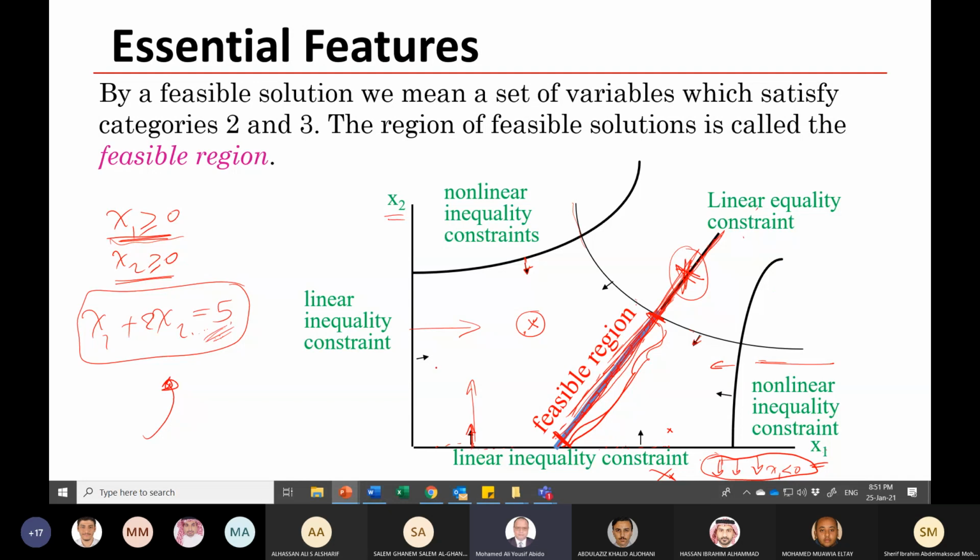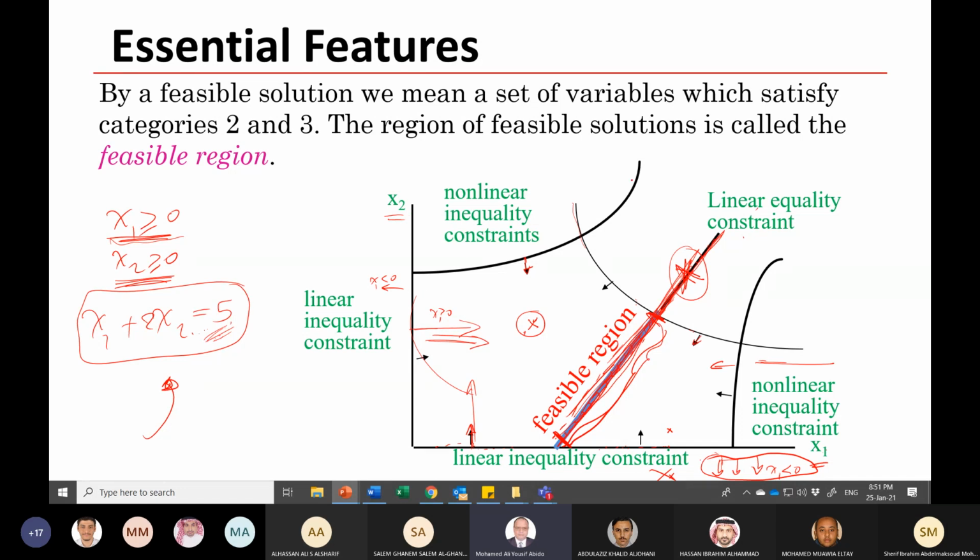This is the feasible region, and this is for x1. You have here x1 positive and here x1 negative. So this is the feasible region regarding this constraint, but this side is the feasible region regarding the constraint x2 greater than 0.